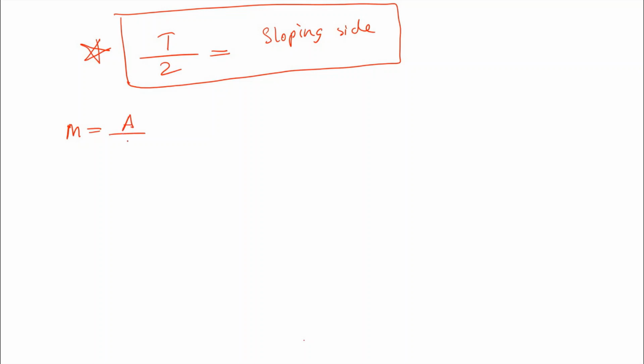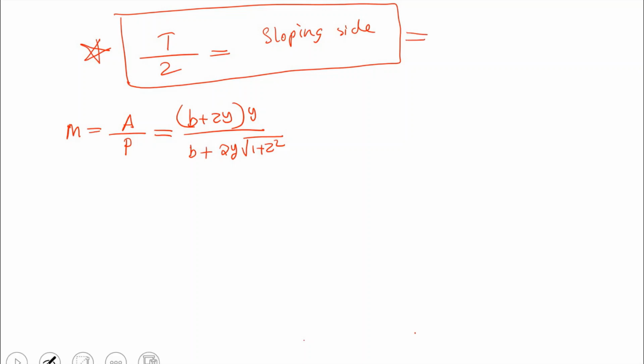We have m is equal to A by P, area divided by perimeter, and we have area as b plus zy into y. So I'm writing this as b plus zy into y divided by the perimeter, which is b plus 2y into root of 1 plus z square.